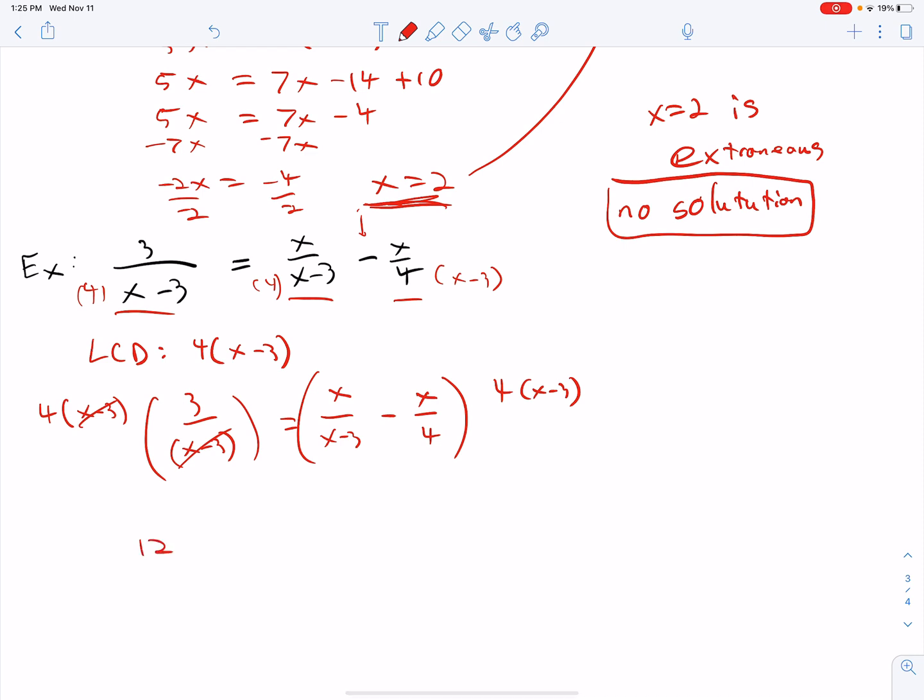We're left with 12. Now, we have to distribute. So in that case, the x minus 3 is going to cancel out, which is going to leave us with 4x. And minus, right? We've got to bring our minus down. Now we have x times this. Well, here the 4's are going to cancel out. That's going to leave us with minus x times x minus 3.